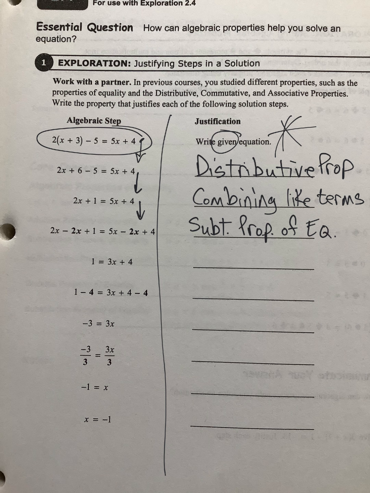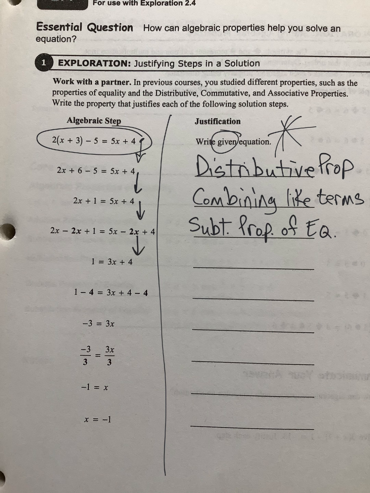If you just say subtraction or substitution and you abbreviate both of those as SUB, how am I supposed to know which one's which? And I will have to count it wrong. So make sure you don't get lazy. All right, so what they do from that step to the next step?